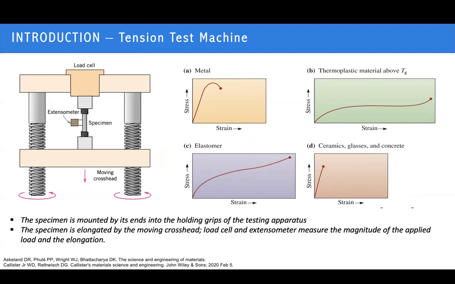So for metal, they have a very sharp peak, and at some point it is broken. We can see the yield point very clearly after we put the maximum load on the material. But for polymer material, the yield point is very difficult to determine because it just keeps going until the highest point, and it breaks at the highest point.